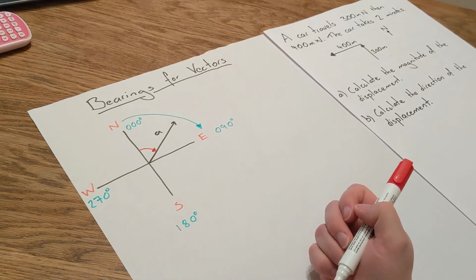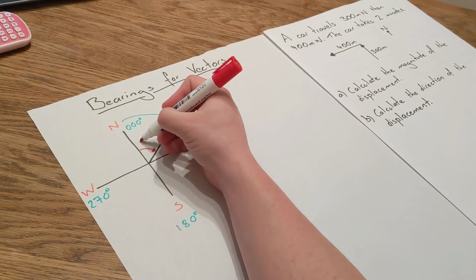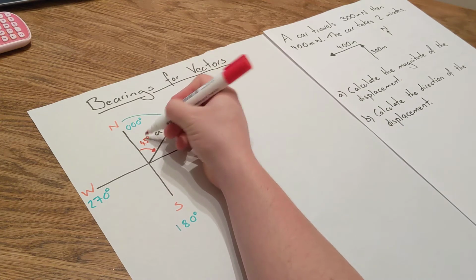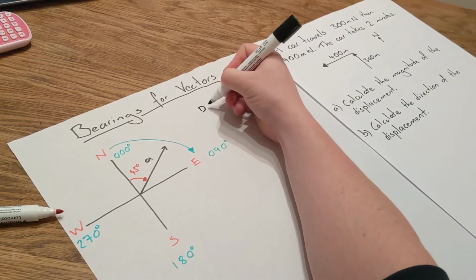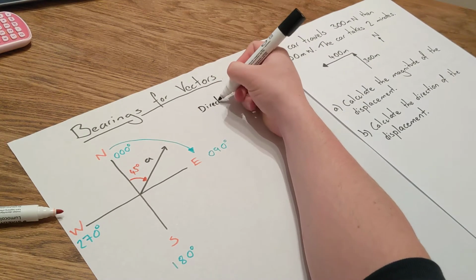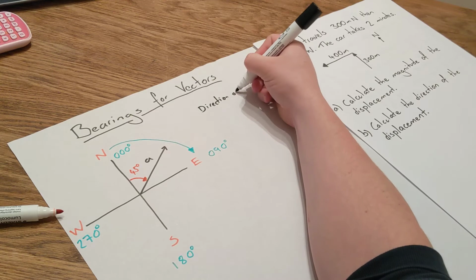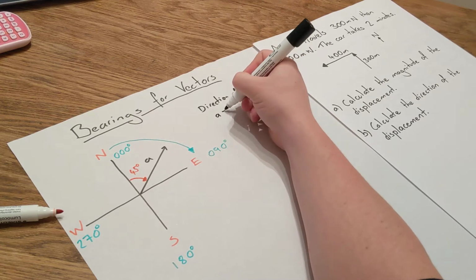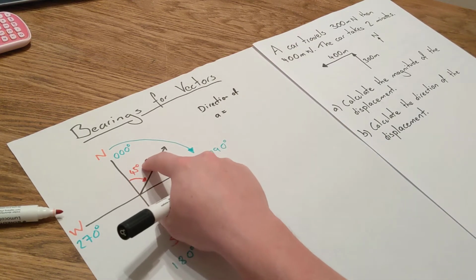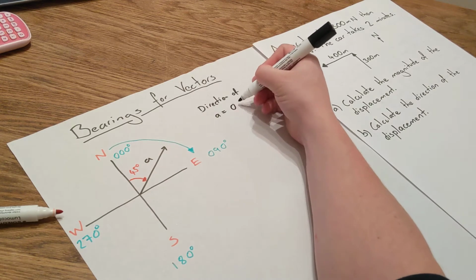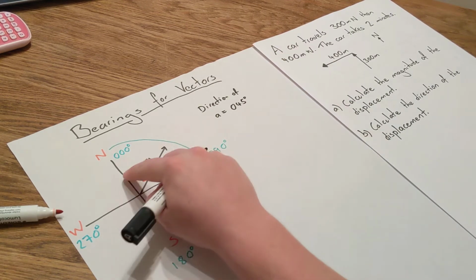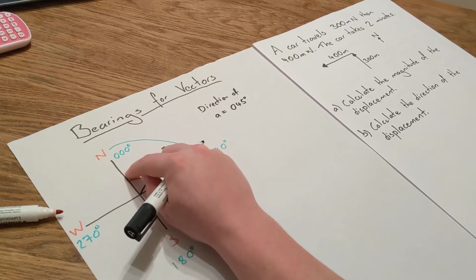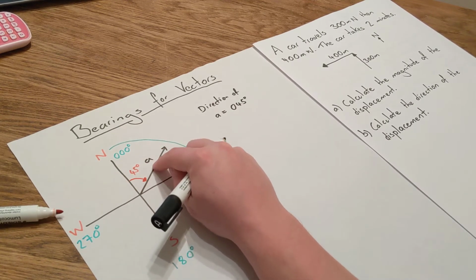Now if I told you that that bit was 45 degrees, we would know that the direction of A has come round and it's going to be 045 degrees, because here it started at 0, it's come 45 degrees and it's got to there.